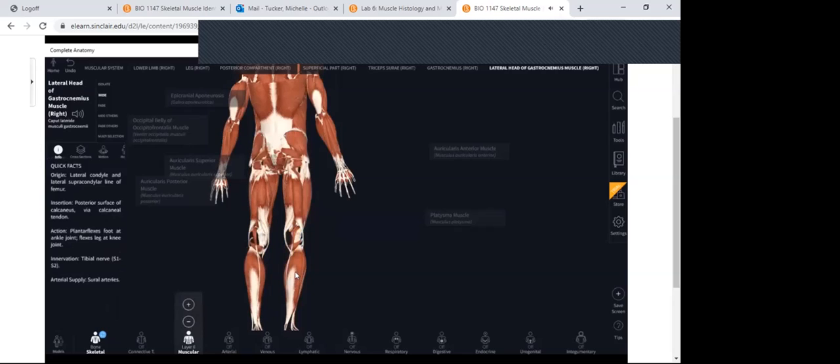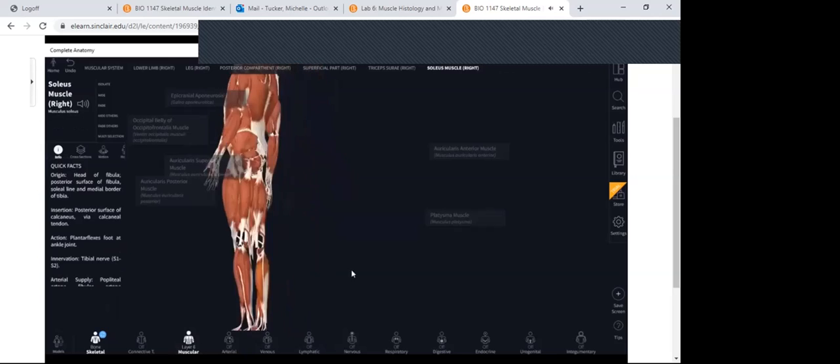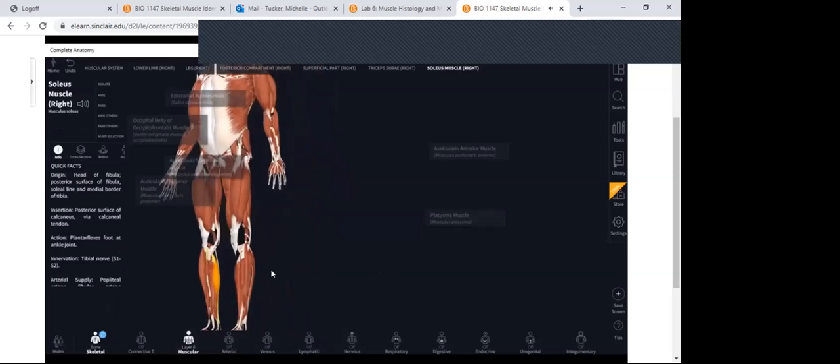If we remove gastrocnemius, we can see soleus, and soleus is also involved in plantar flexion at the ankle joint, so pointing those toes. So both soleus and gastrocnemius are involved in plantar flexion. We go back to the front side.